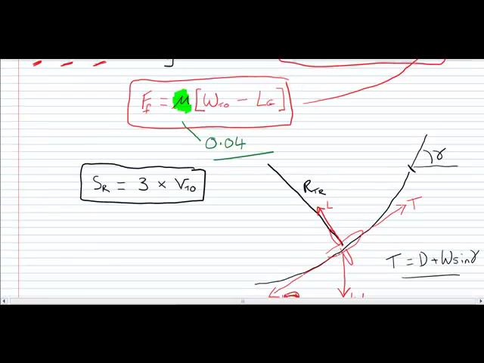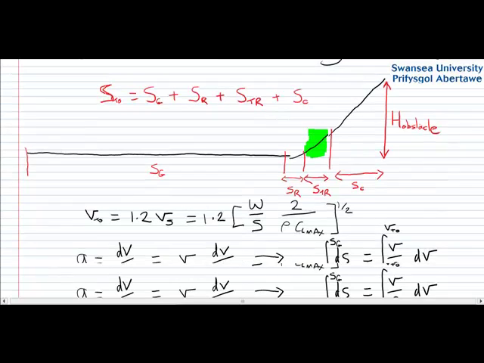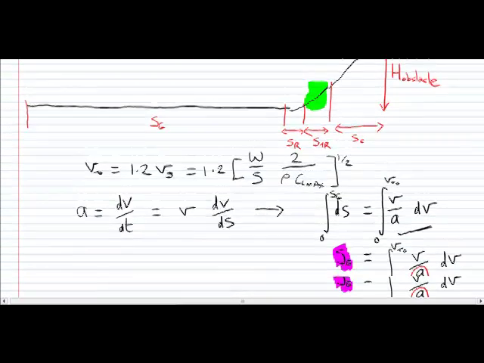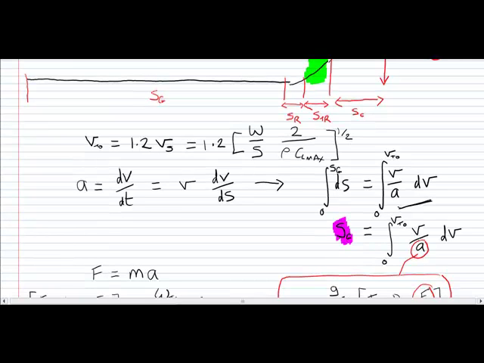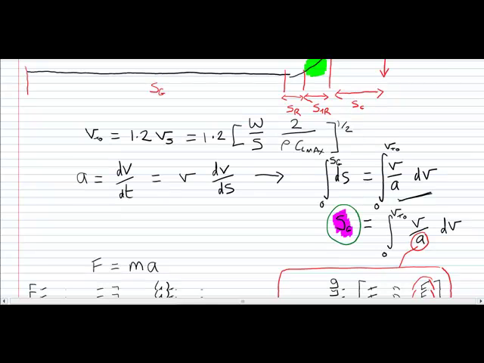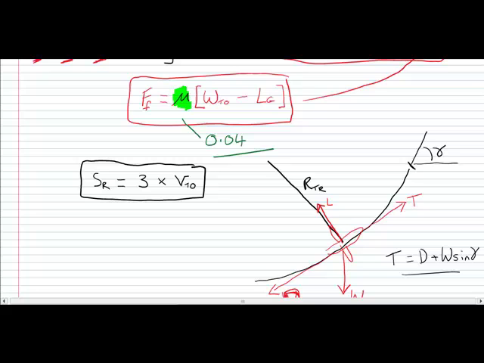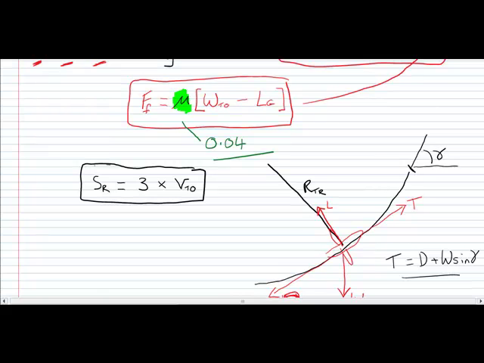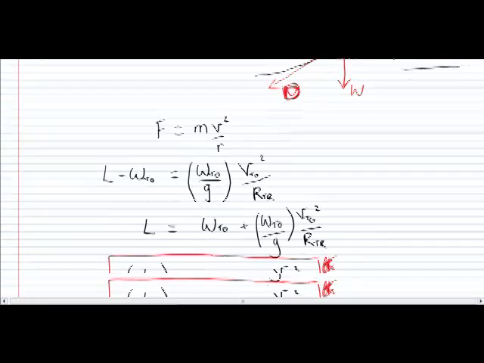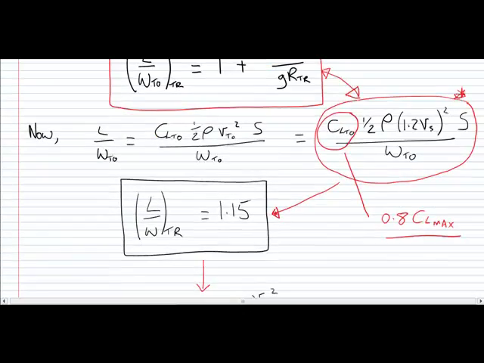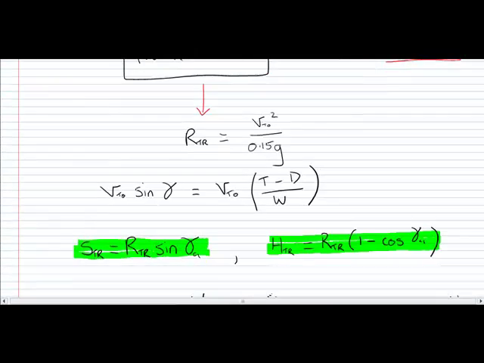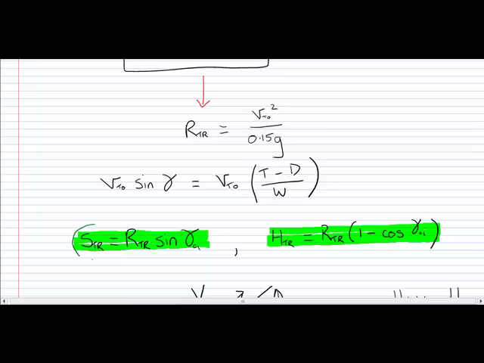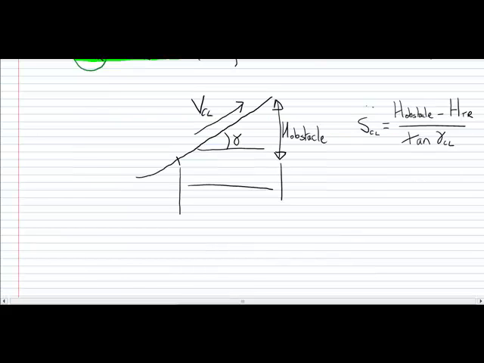So we've got at the top this integral that needs to be computed to get the ground roll distance. We've got the horizontal distance covered during the rotation of the aircraft, S_R, and we've got the horizontal distance covered during the transition phase as the aircraft travels around this assumed circular arc, and finally we've got the horizontal distance covered during the climb.